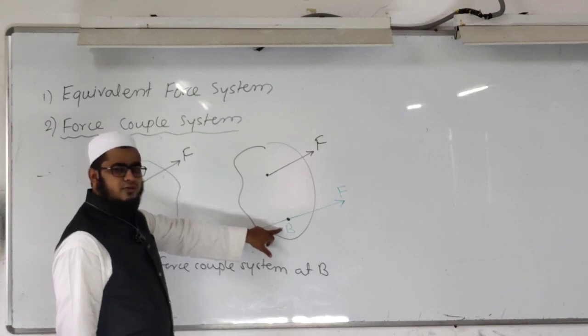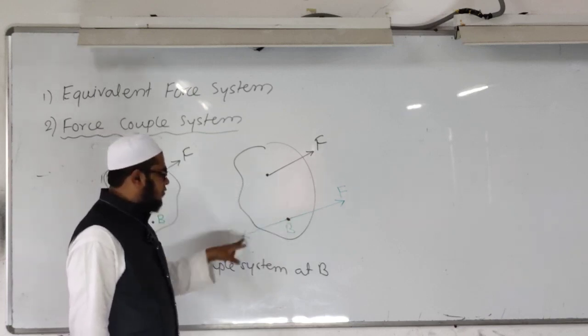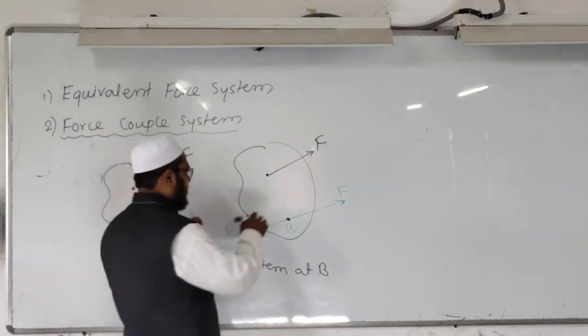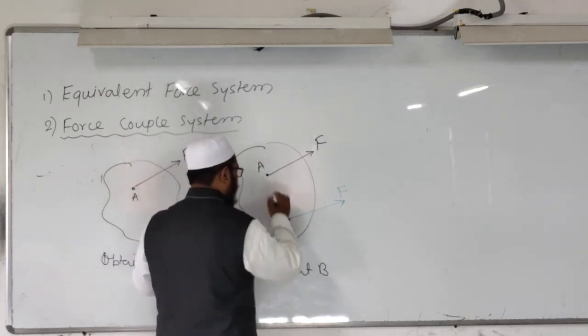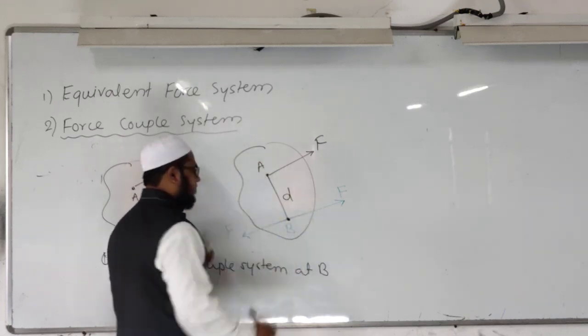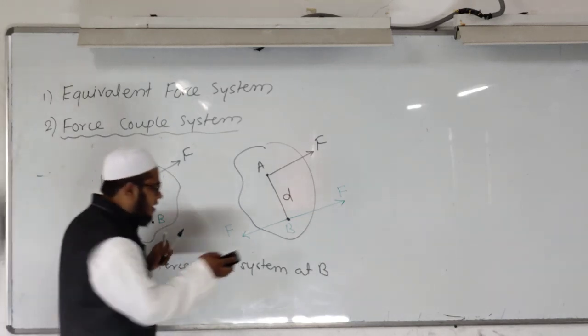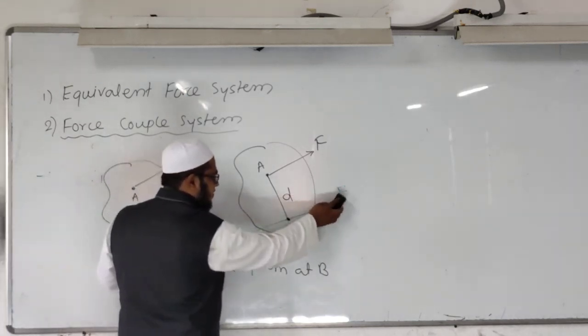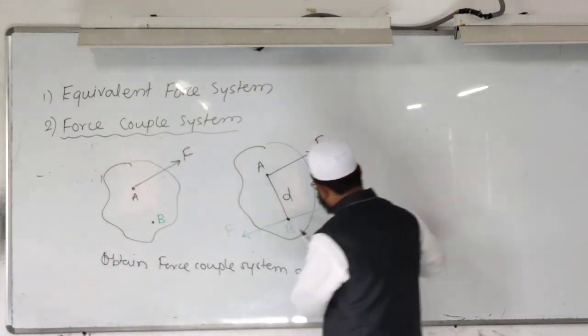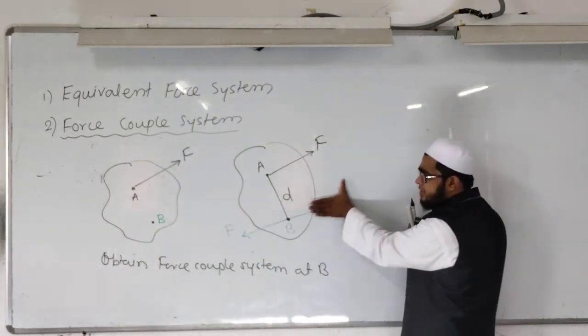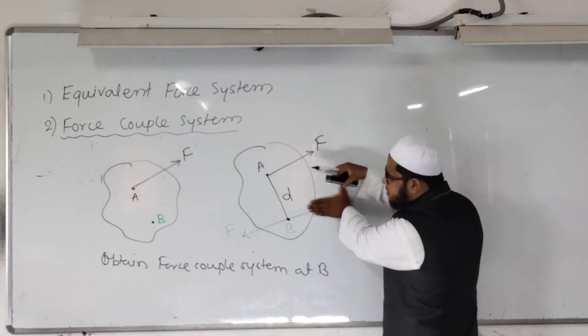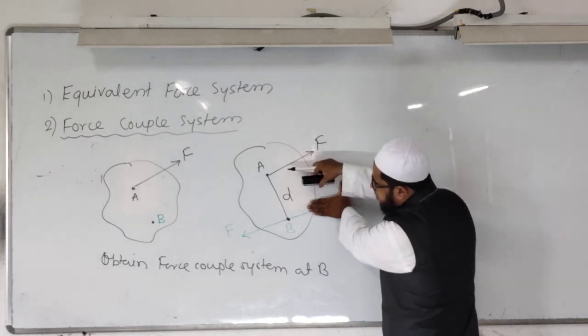There is no change in the force system because at point B both forces are cancelling each other. If the distance between point A and B is d, then for a few minutes hide this force F1. Now the force system is F acting at A.